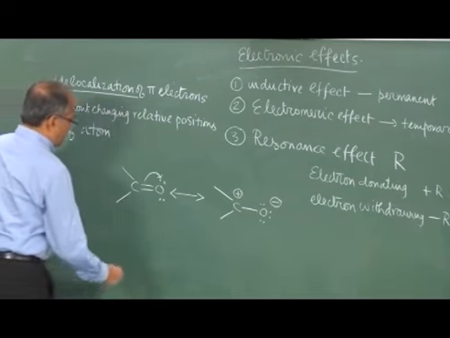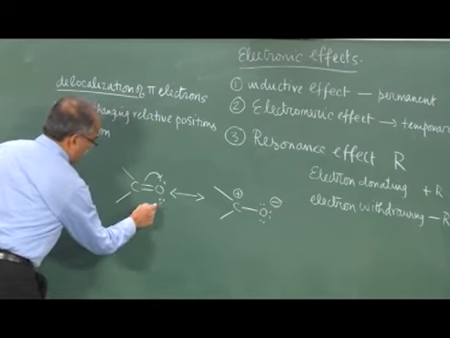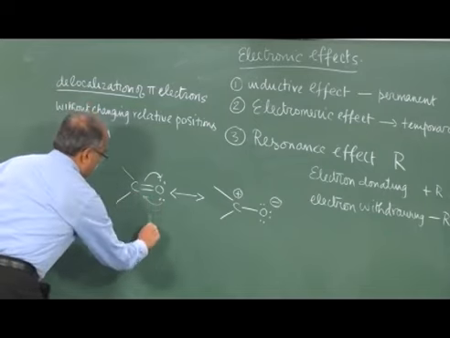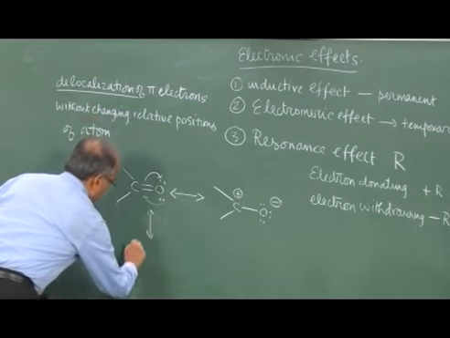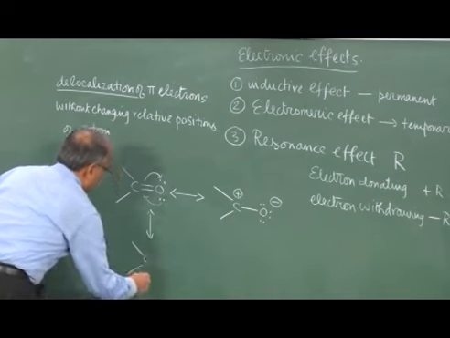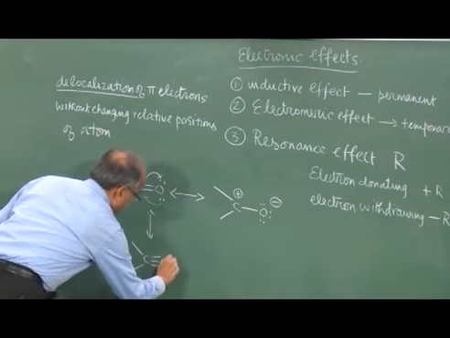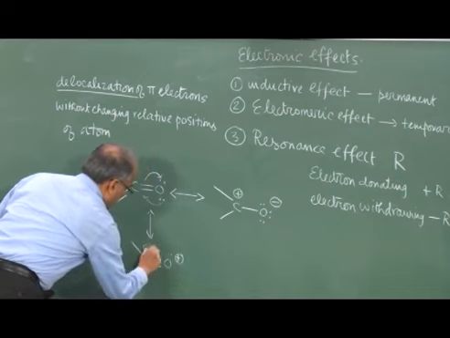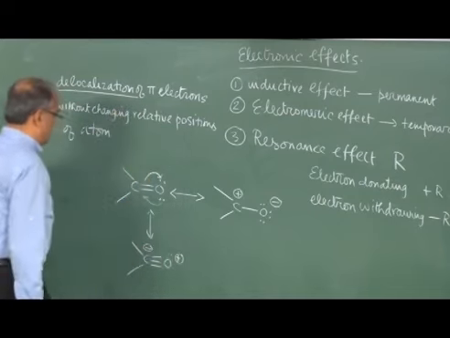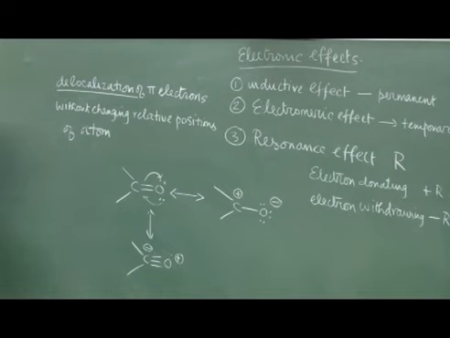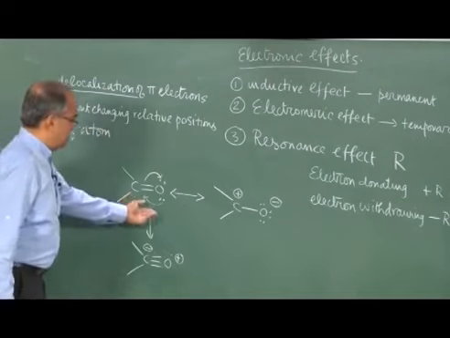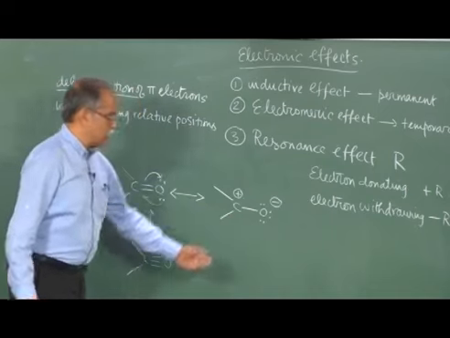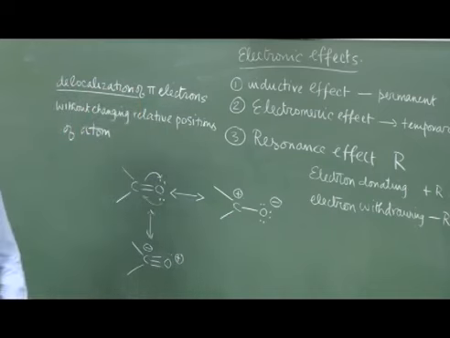One can also try to delocalize the electron from here to here where the charge reversal takes place, for example. Now, this is a neutral structure, and these are the delocalized charged structures of, let us say, a carbonyl functional group.